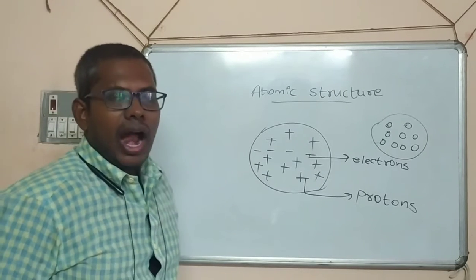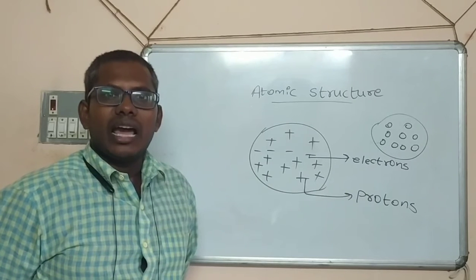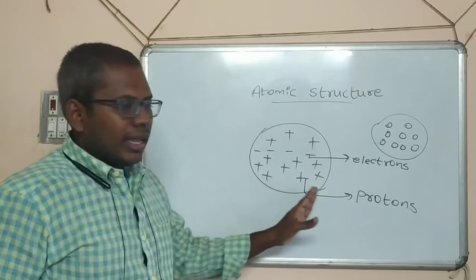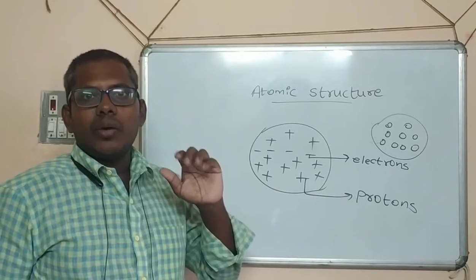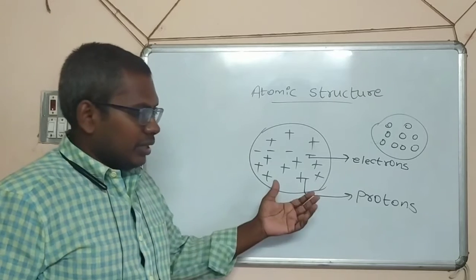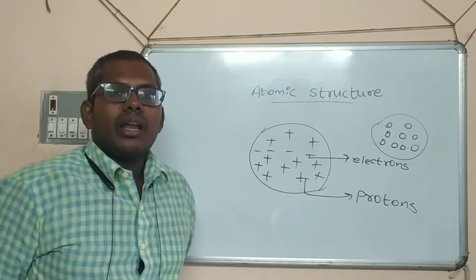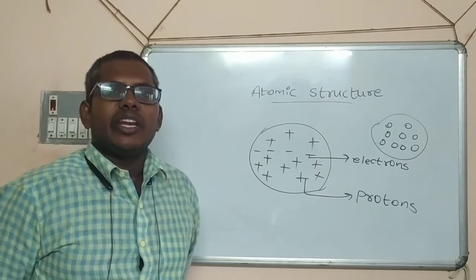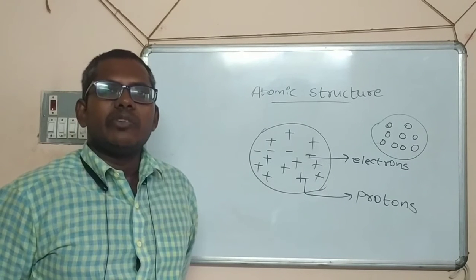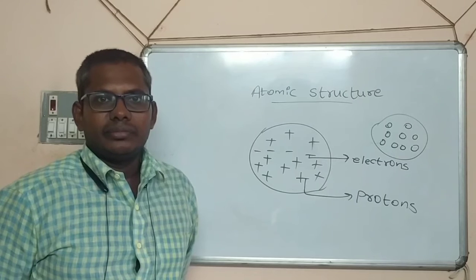First point, the atom is a positively charged hard sphere. Second point, electrons are embedded in the positive part. Third, the atom is electrically neutral because the number of positive charges is equal to the number of negative charges.